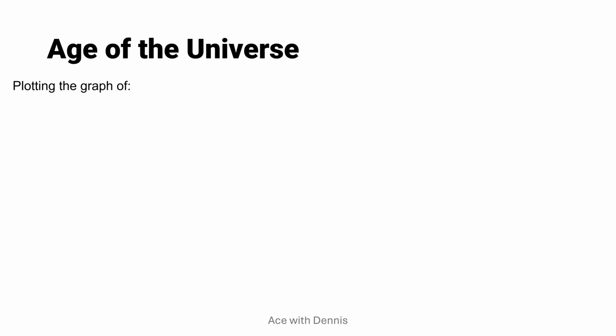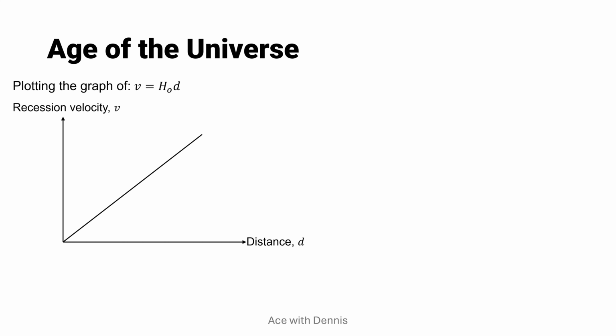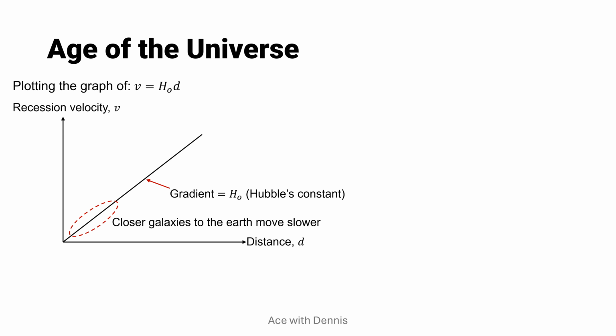If we plot the graph of the Hubble's law, V equals H0 D, this is what we will get. From this graph, we can see that the gradient is the Hubble's constant H0. The closer galaxies to the Earth move slower, and distant galaxies move away from the Earth at faster velocities.